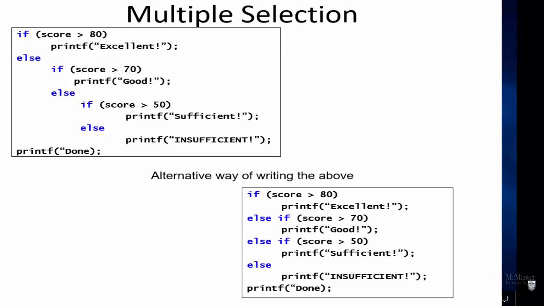So in an if statement, we have if only, or if and else, or if, else if, and the last thing is else, right? So that means this full block of code is actually composed of one statement for the compiler, which is the if, and its alternatives, right? So you check if 80, if not, then you do this thing. That means each time only one of these is satisfiable, right? Is that clear? So this is a different way of writing the code for the multiple selection.